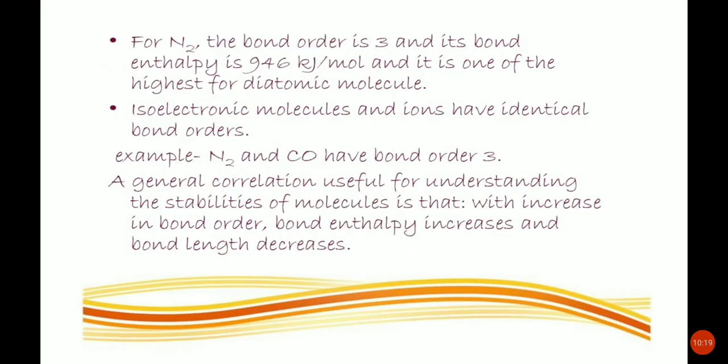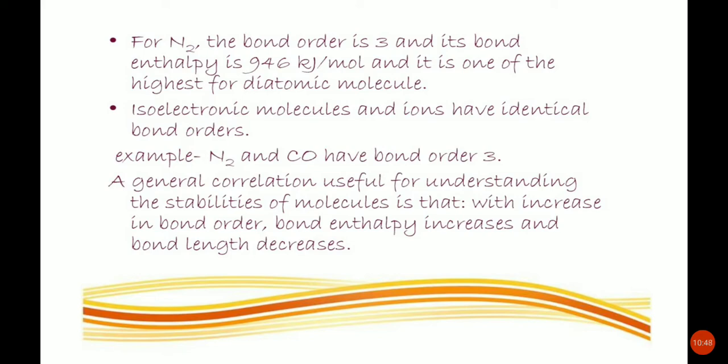Now for nitrogen, the bond order is 3 and its bond enthalpy is 946 kilojoule per mole, and it is one of the highest for diatomic molecules because it has a triple bond.